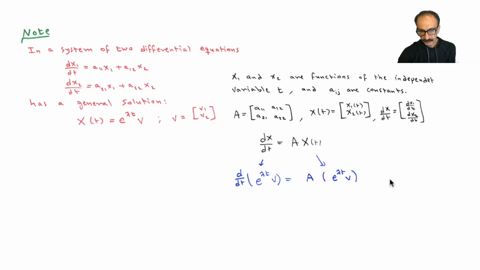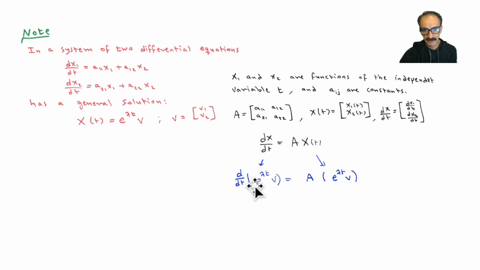So dx/dt equals A times x of t. The d/dt of x, and x is e to the lambda t v, will be A multiplied by x, that's A, and that's my x right there.